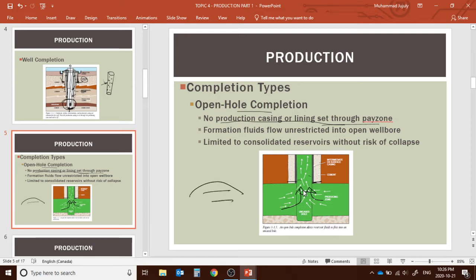You have the reservoir, you just put the pipeline and it comes inside. We don't use this much now, because it's limited to consolidated reservoirs without risk of collapse. It's the old type.